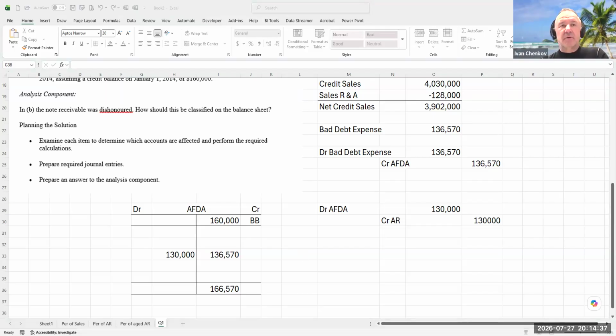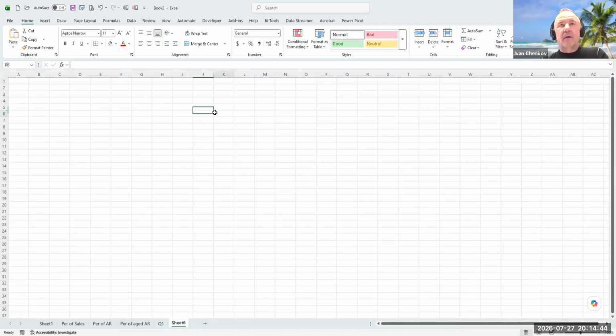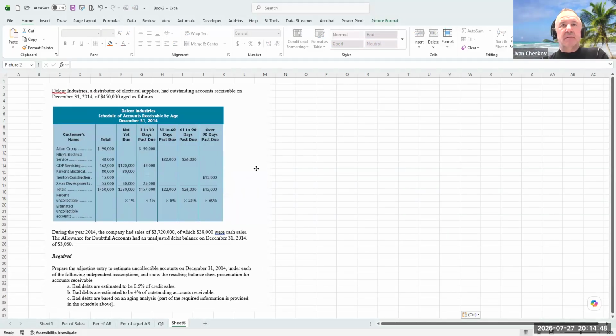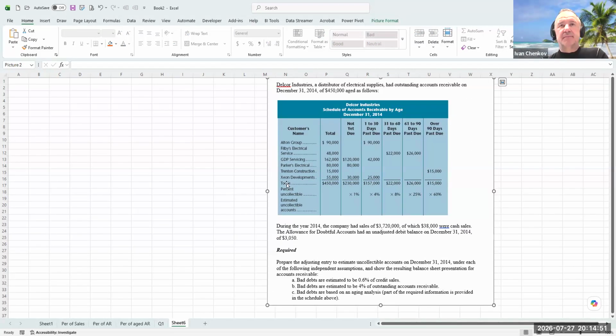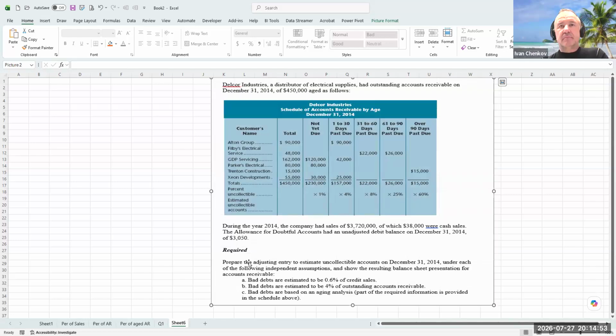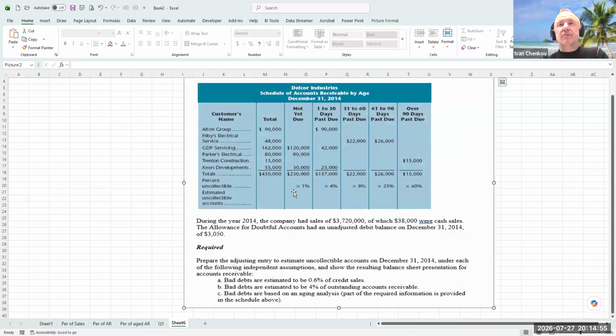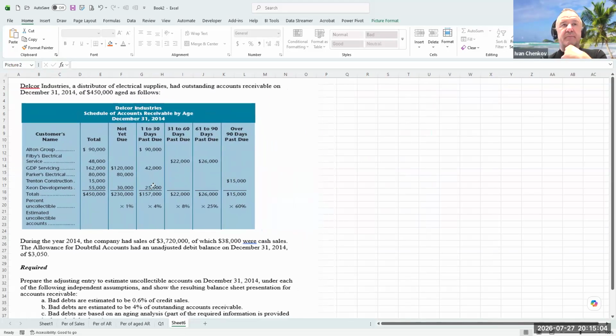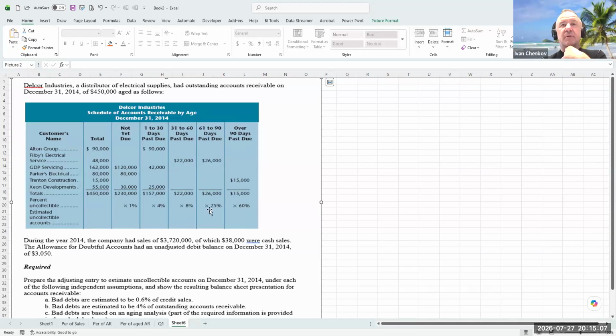Now we're going to do question 3. And for this question, I'm going to post the information. This is the information in this case. So we have this chart, which gives us the total accounts receivables for the period and the aged amounts.